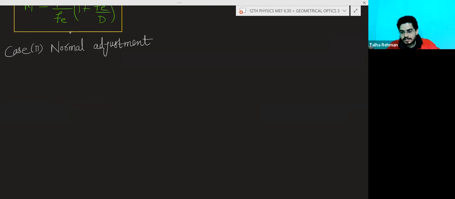In case of normal adjustment, the image will form at infinity and we can see easily. So there will be no strain in the eye, a relaxed eye.